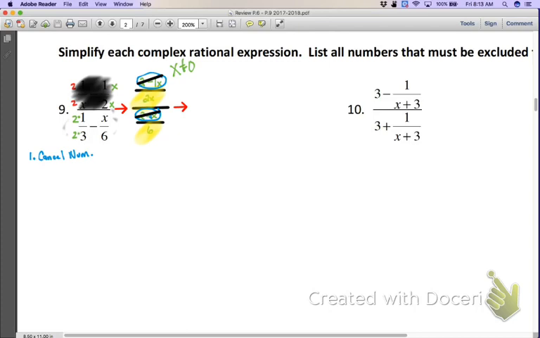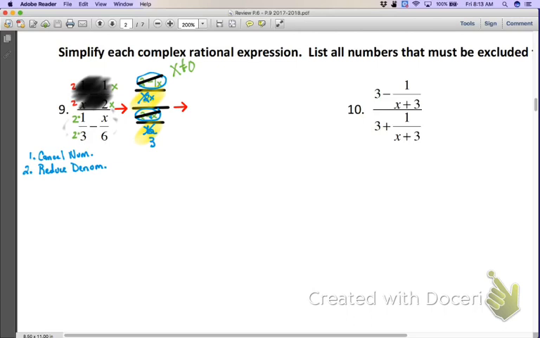Next thing I want to do is check to see if the denominators can reduce or cancel. So I have a 2 and a 6. So remember, this is just a 2x, and then that is a 6. So the 2's gone. The 6 becomes a 3.